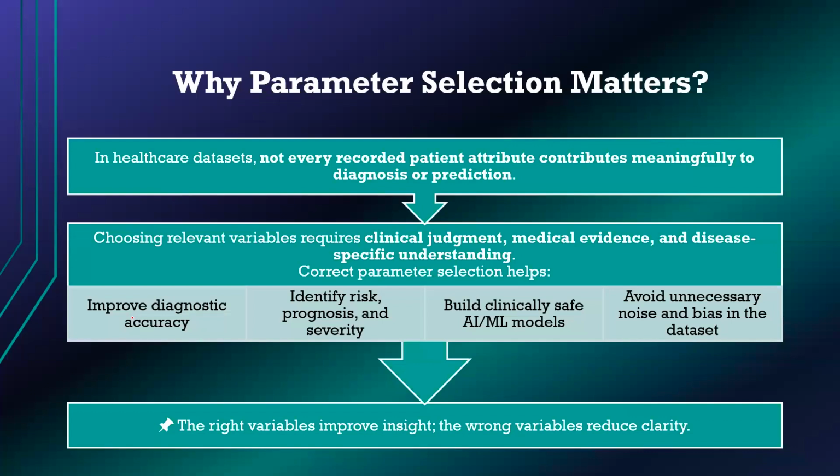But that is not always the required case. We always have to do a careful synthesis of available variables. We need to choose the most relevant ones and discard the remaining, the unwanted ones, and then only those relevant variables or most contributing features can be utilized for final decision making.